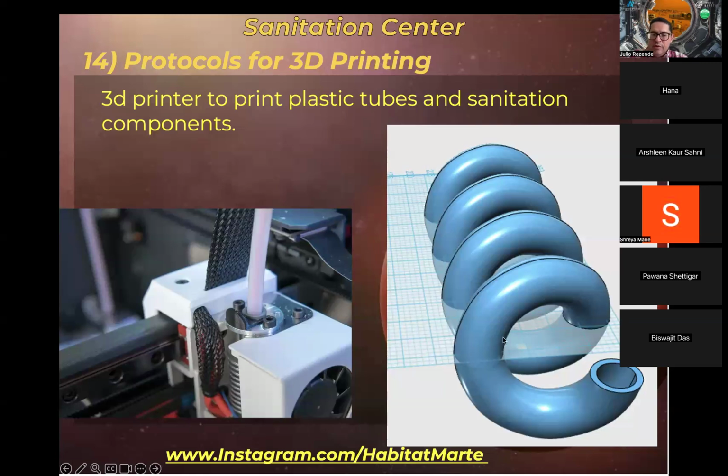Also, it would be necessary to design, in some software, some kinds of tubes that would be necessary to operate the station. And a lot of these materials would be provided from plastic.